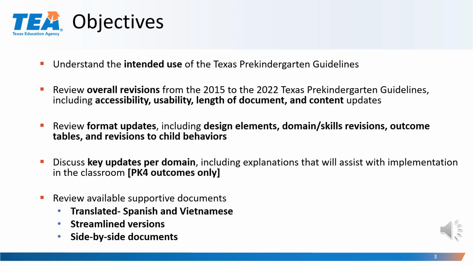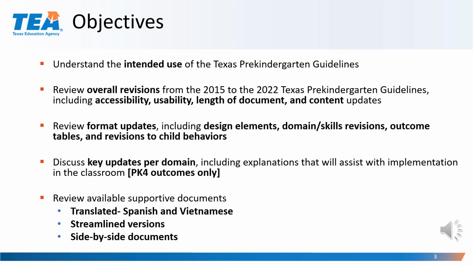Objectives. Our objectives for today include understanding the intended use of the Prekindergarten Guidelines, the review of overall revisions from the 2015 to the 2022 Texas Prekindergarten Guidelines, including accessibility, usability, length of documents, and content updates. We will review format updates including design elements, domain skills revisions, design of the outcomes tables, and revisions to child behaviors.